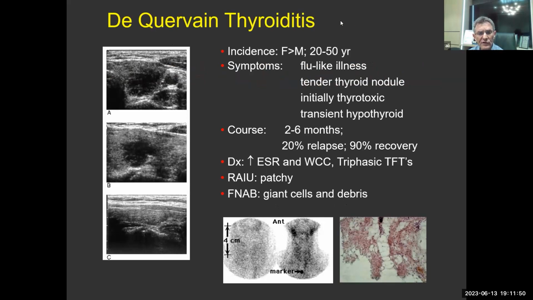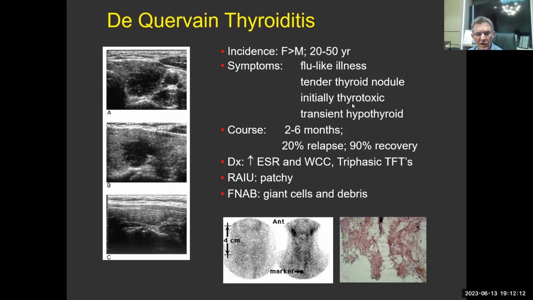Now, viral thyroiditis classically occurs either just in early spring or in autumn, and these individuals are 20 to 50 years of age and can present with severe pain over their thyroid area, or occasionally radiating into the ear. They have a flu-like illness.